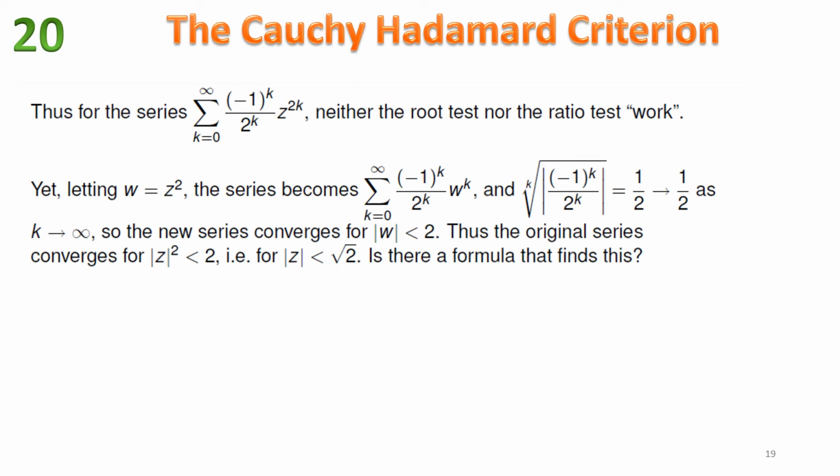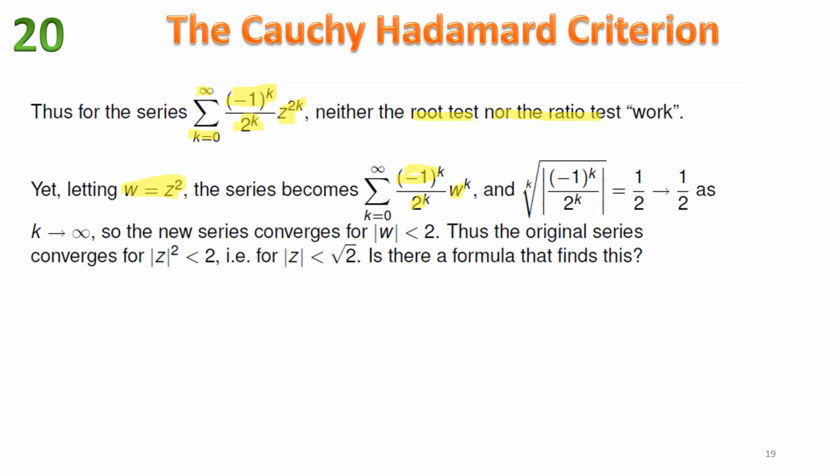Now to handle this same problem, minus 1 to the power k upon 2 to the power k, z to the power 2k, where k runs from 0 to infinity, we handle it in a different way. We are not going to apply the root test, nor the ratio test. We replace z square by w, and the series becomes minus 1 to the k upon 2 to the k, w to the power k.